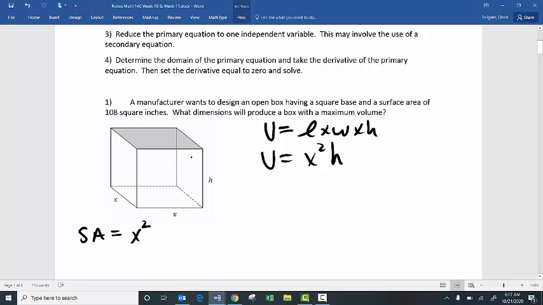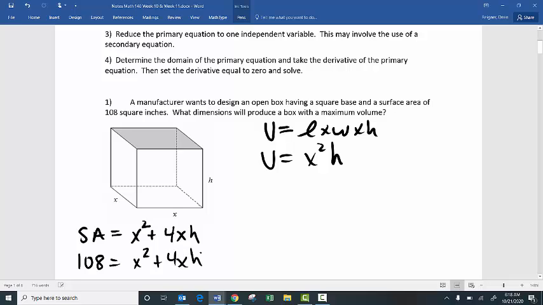Then it has 4 sides, and the area of each side is x times h. The top doesn't have anything because it's not part of the box. It's an open top box. They tell you the surface area, the material, is 108.